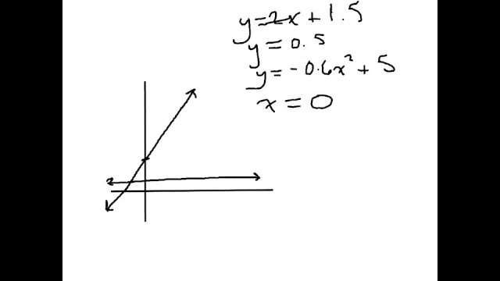And negative 0.6x squared plus 5, the 0.6 widens it, and the negative obviously flips it. Up 5, probably right about here. And x equals 0 is just a line up the y-axis that implies that the function is moving that way.